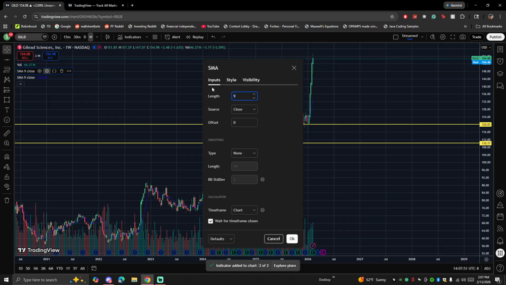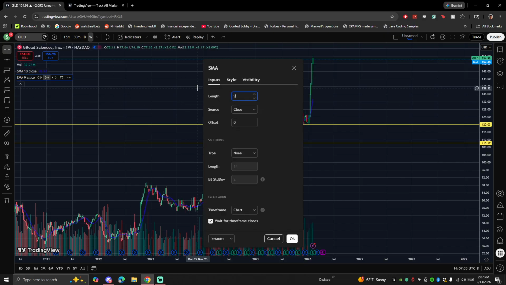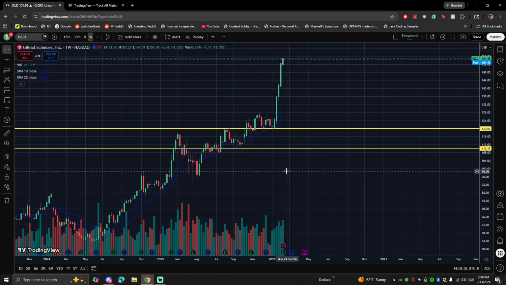If you don't know what a moving average is, a moving average is just a line on a chart that takes a certain amount of data points or candles based on candle price, and it gives you an average. Traders will use averages to give them an idea of where momentum is on that stock.